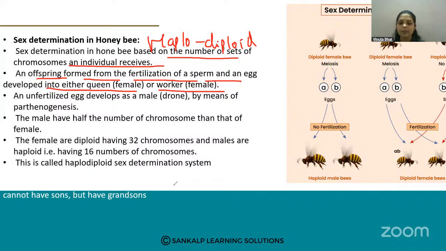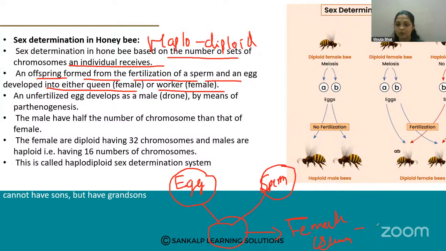Here, if the egg from the female fuses with the sperm, the resulting new offspring will develop into a female queen or worker.